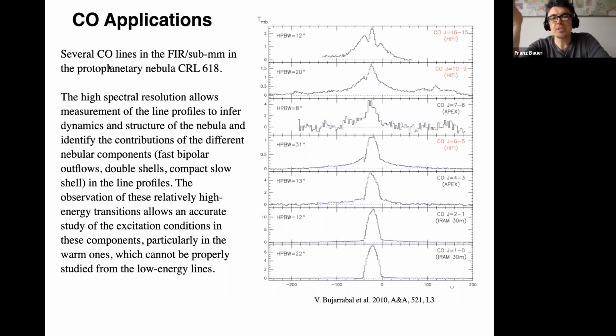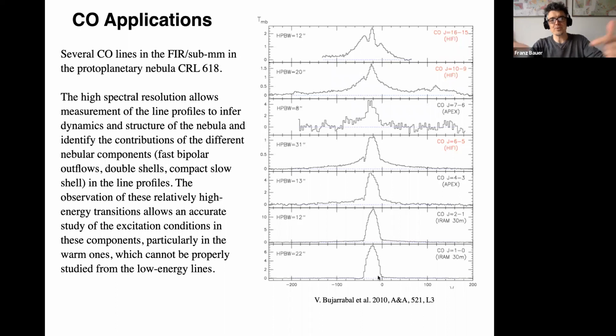You can also use the CO lines. This is just looking at the different transitions of CO from 1 to 0, 2 to 1, 4 to 3 with different telescopes, which have different beams, which are shown here. And you can see the velocity structure of them. Here you see that it's relatively narrow velocity because this is cool gas, so it's mostly on wider scales.